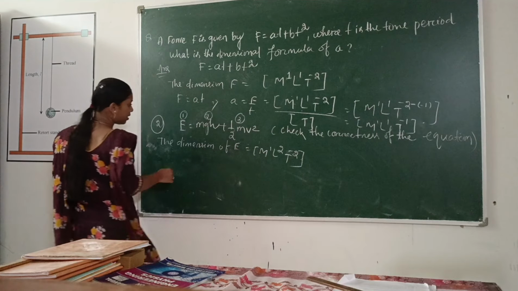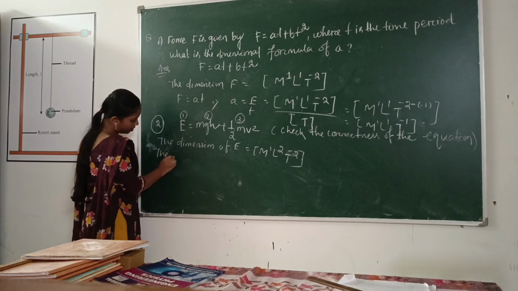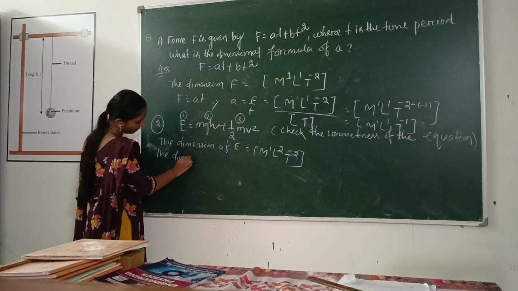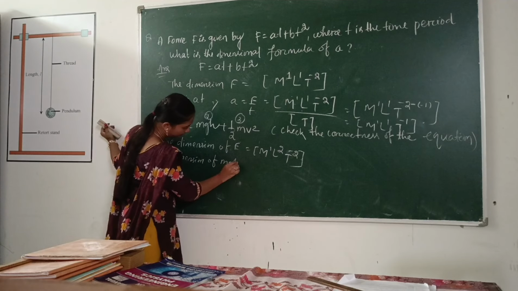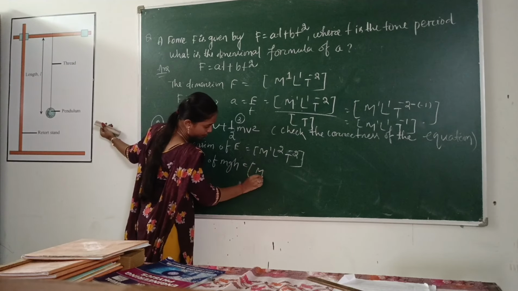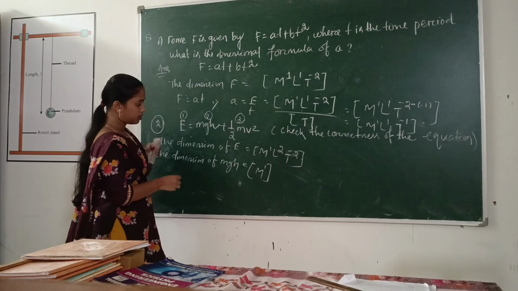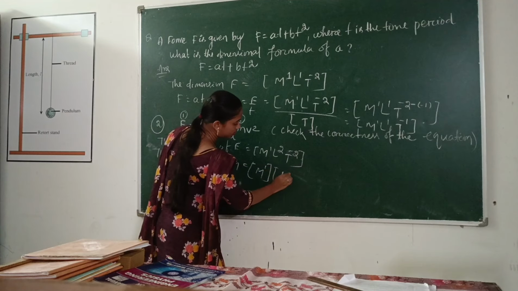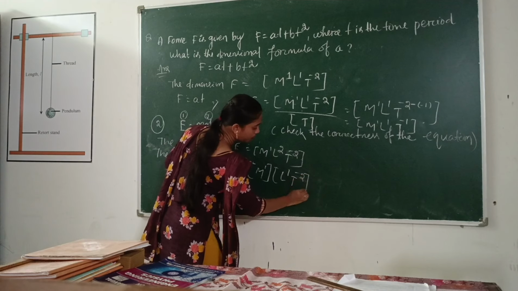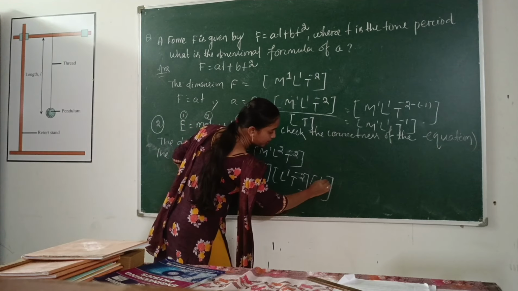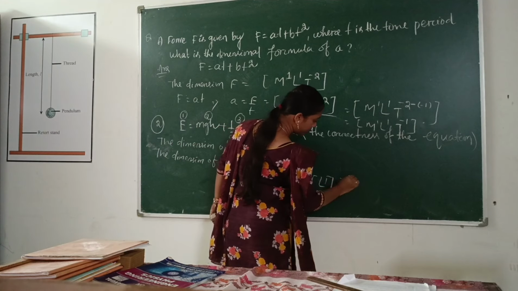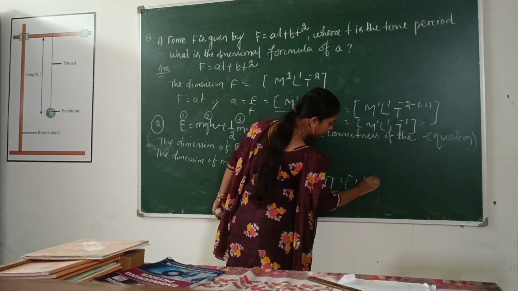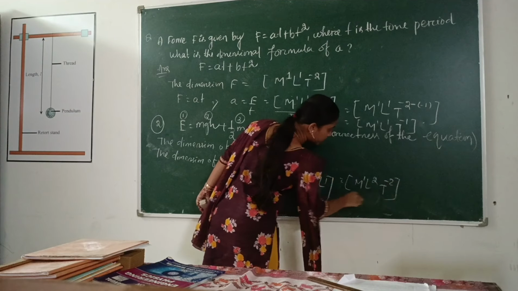So I can write the dimension of mgh. Mass is m to the power 1, g is acceleration, that is l1 t to the power minus 2, and height is the length, that is l to the power 1. So combining these three, I can write m1 l2 t to the power minus 2 for mgh.